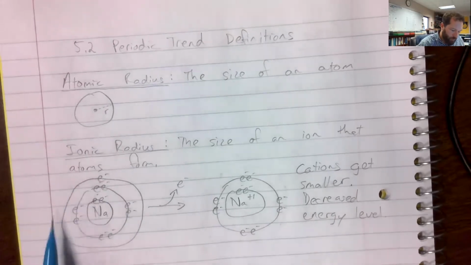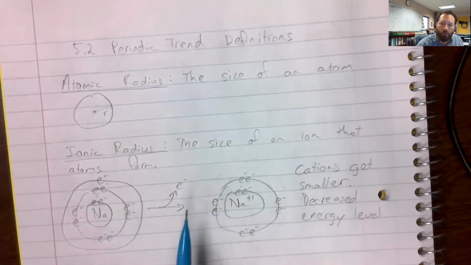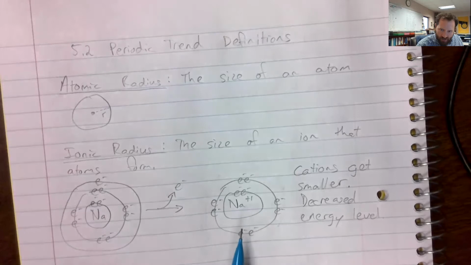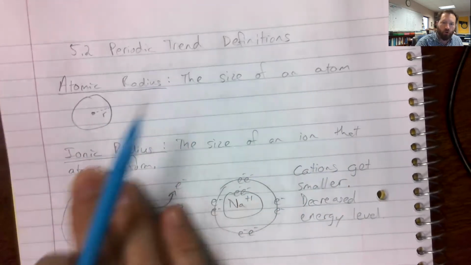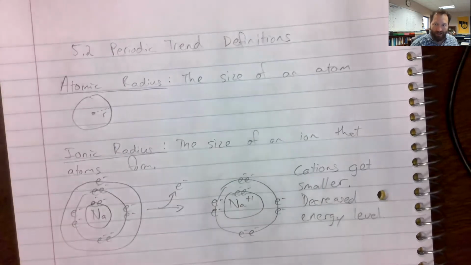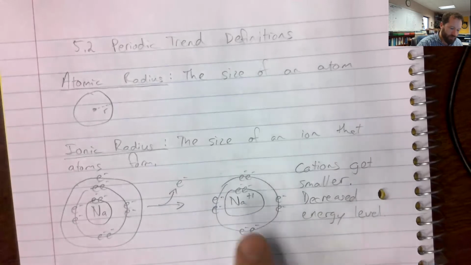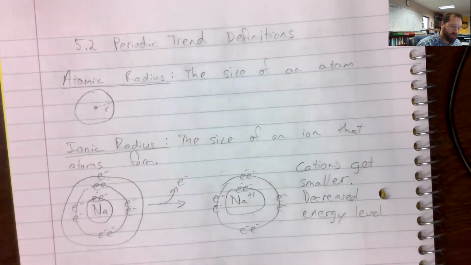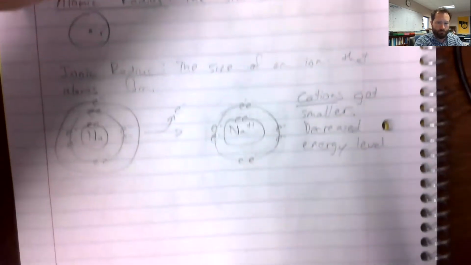And you can see that here. We were out to the third energy level. We lost that electron. Now we only have 2 energy levels. Our valence energy is the second energy level instead of the third. And so obviously the cation, an ion formed when an electron is lost, we have a positive charge. That is going to be a smaller ion.